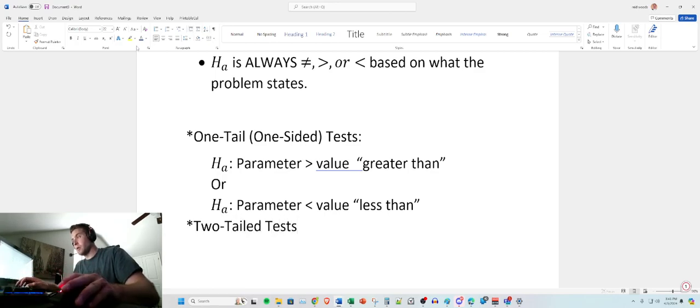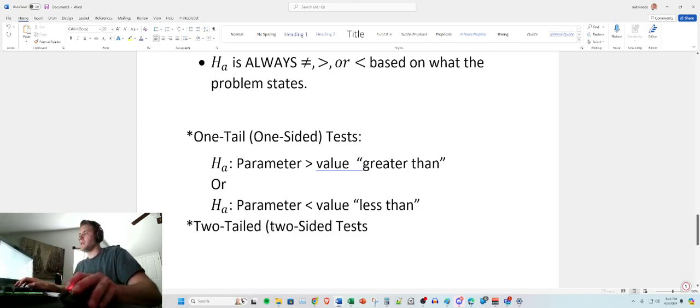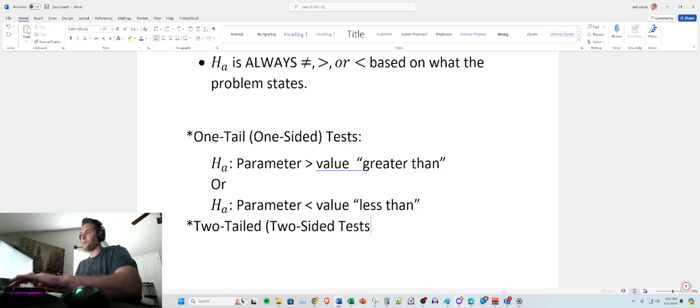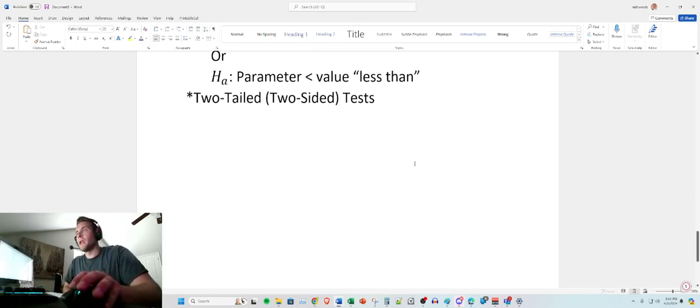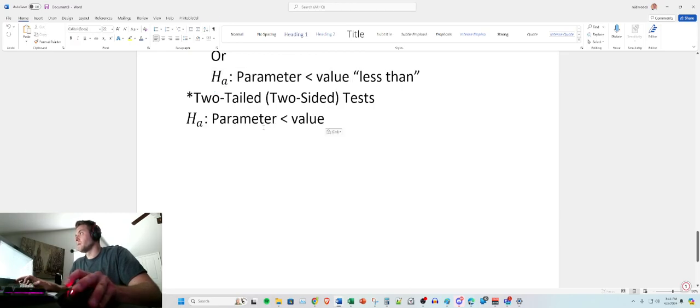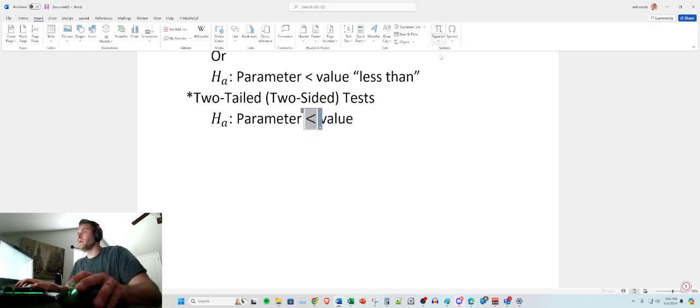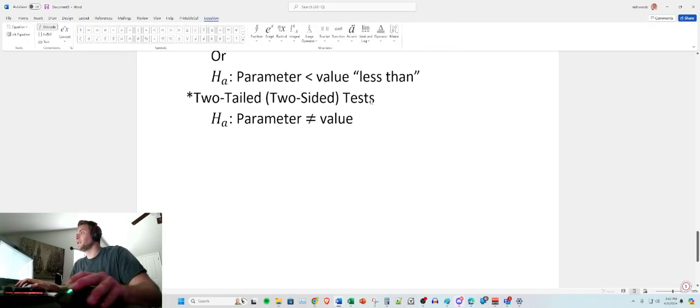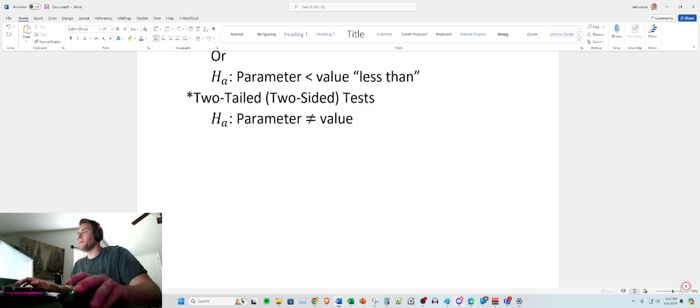Two-tailed, we'll also call this two-sided tests. This is when the alternate hypothesis is, and we'll insert equation here, not equal to a particular value.